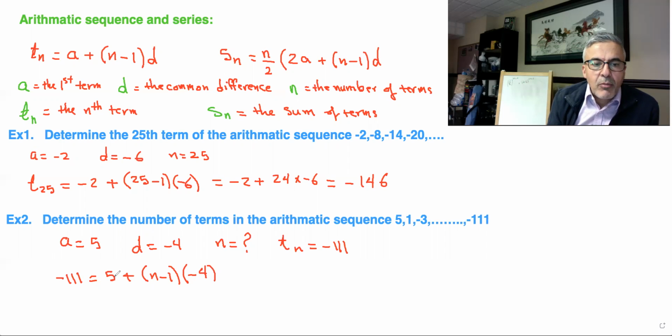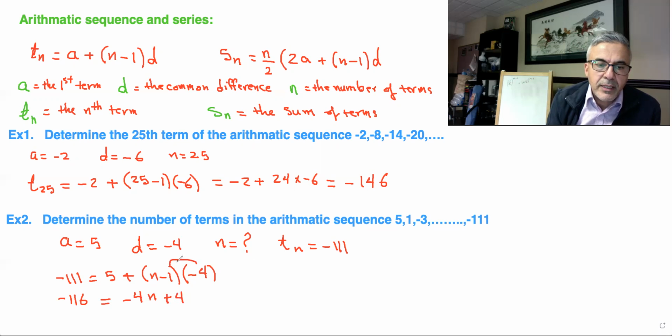So what I'm going to do is move this 5 to this side first, and that becomes minus 5. So it's negative 116 equals, I'm going to distribute the negative 4, negative 4n plus 4.